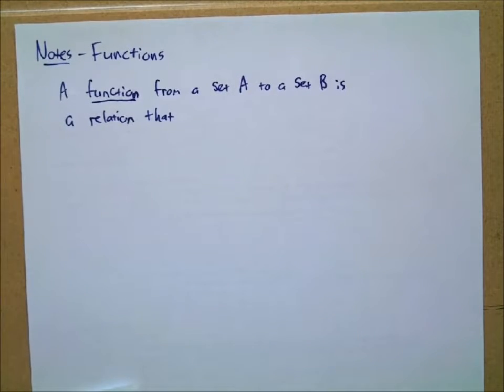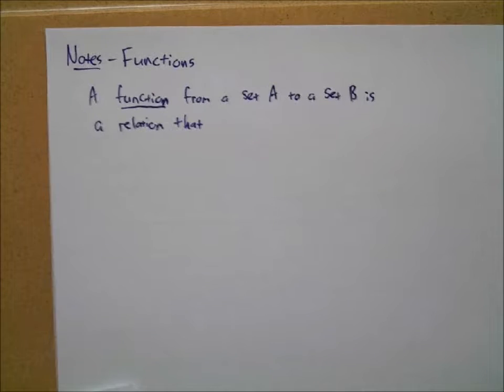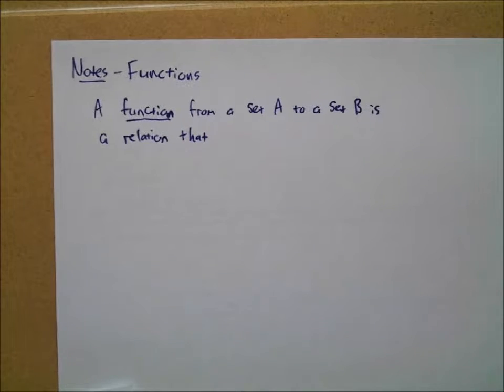So, the word function, we get so used to it because pretty much everything we do in our math classes, pretty much everything we work with are functions. And so we kind of lose sight of something being a function as being special, or at least unique and set apart from other things.